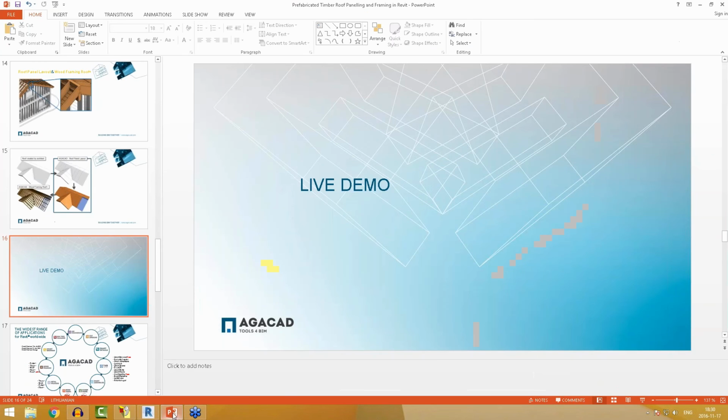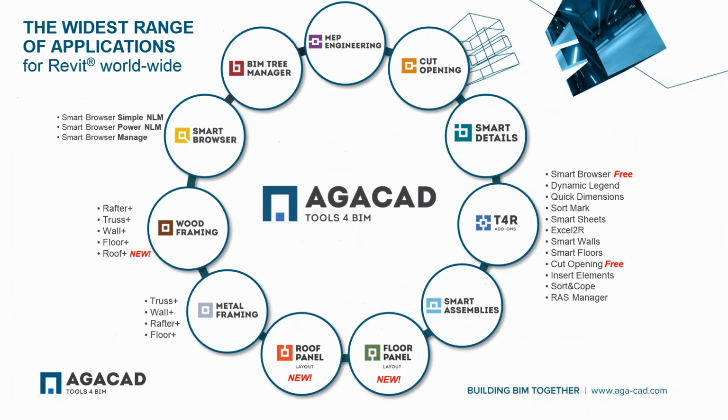Yes, so I'm coming back to my slides, and the next is the list of all our products. As you can see, we have new products in this list, and we're very proud that we have released the Roof Plus under the wood framing, where you will be able to frame the roof and make prefabricated roof panels. And together with the Roof Plus, it's very useful to use the roof panel layout for making the planning and splitting of the roof.